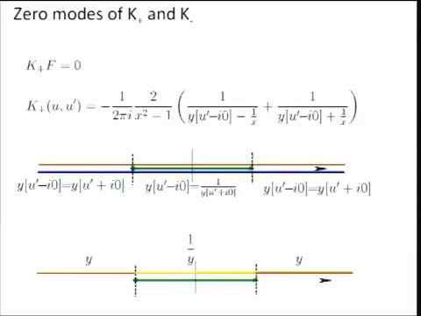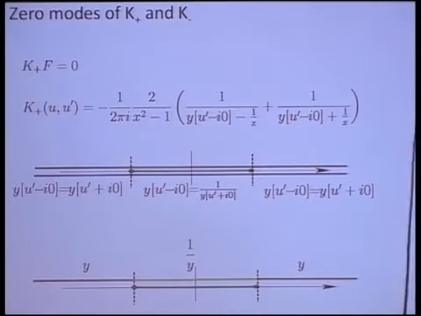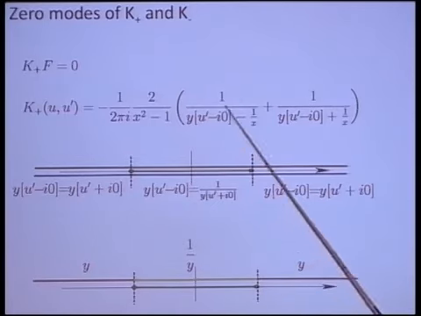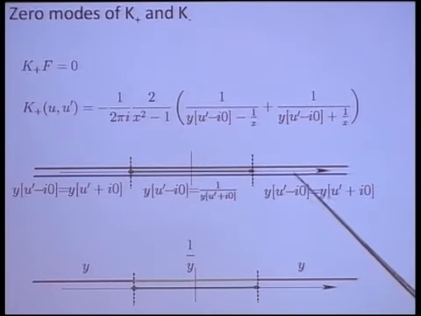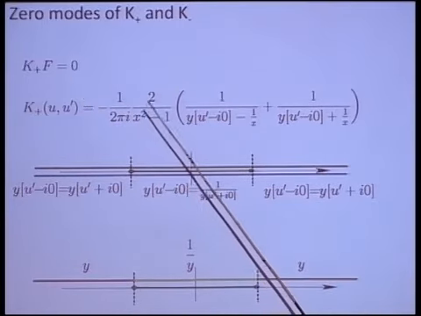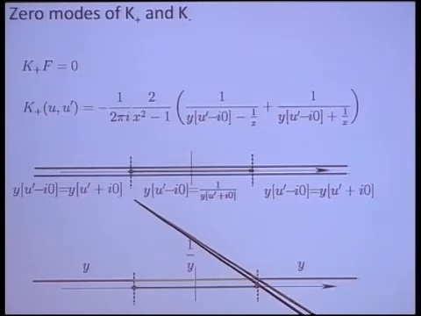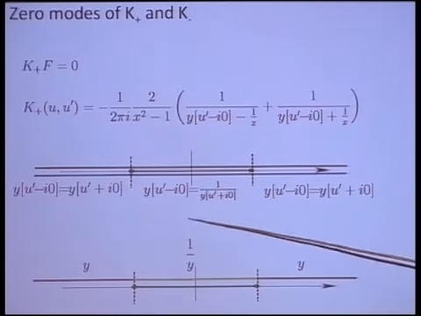It's a good point now to find the zero modes of our kernels, because knowing zero modes usually helps to solve the equation. So our kernel is the following. The contour of integration is denoted by the blue line, and f is a resolvent which is shifted by epsilon, so the first cut will be below this blue line at the distance epsilon.